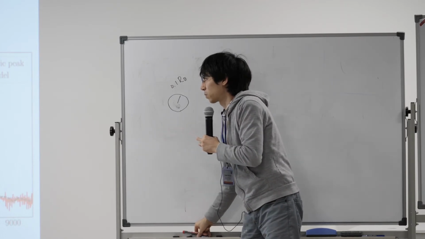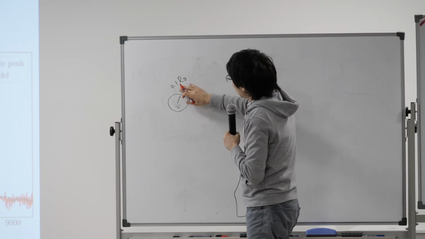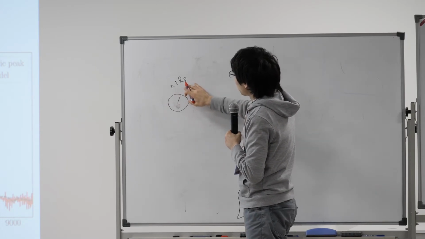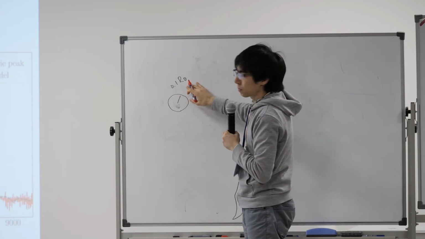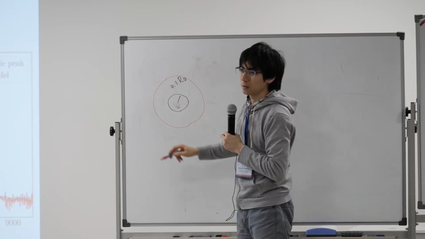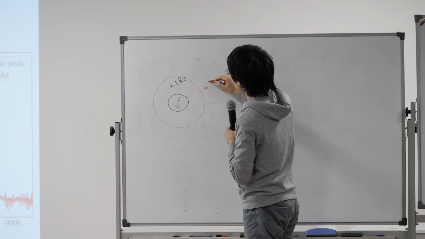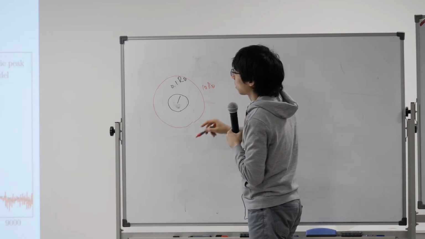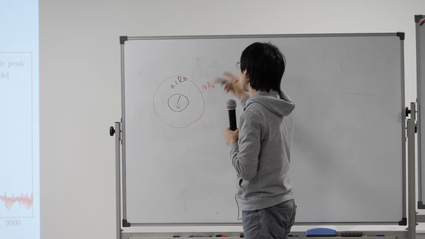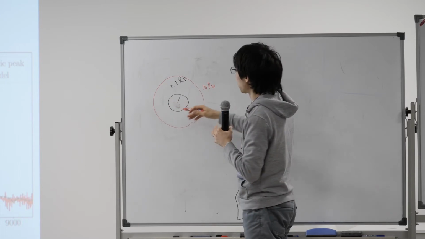But we observe it. So what it means is probably the major part of the core was 0.1 solar radius, but there may have been some extended envelope surrounding it, which is like 10, I forgot the exact number, but let's say 10 solar radii. So some fluffy thing may be surrounding this progenitor.